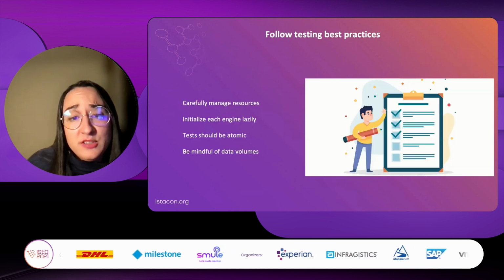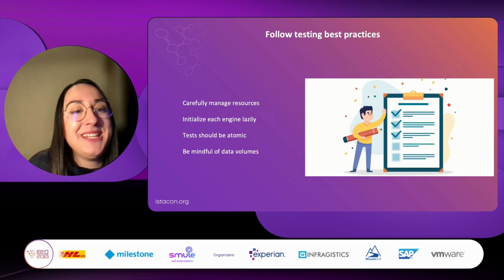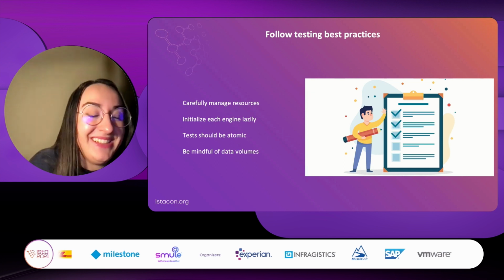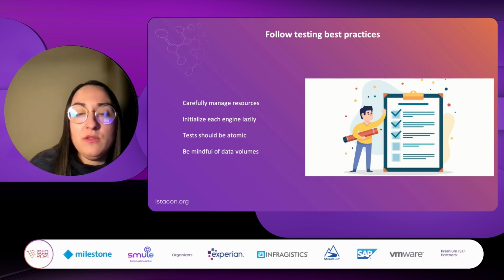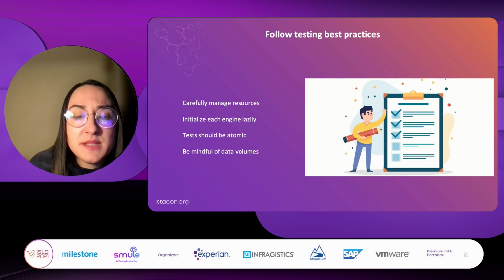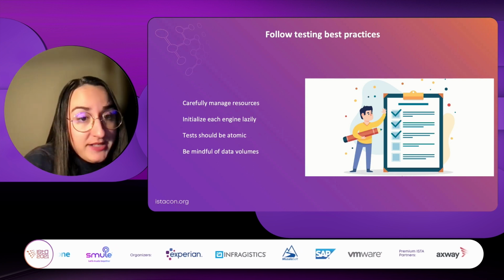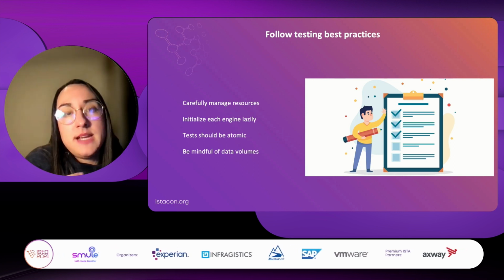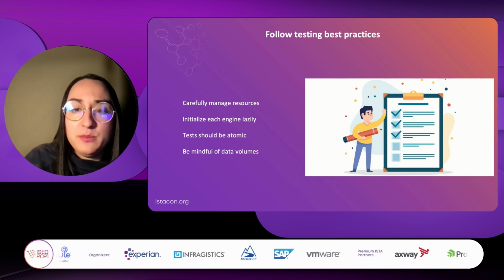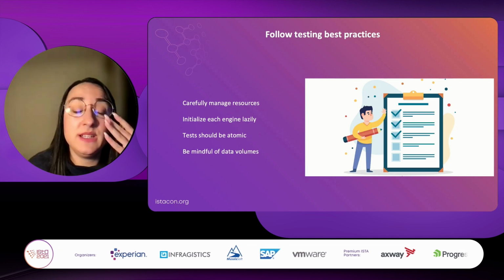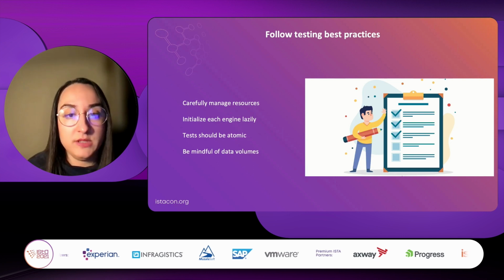So after having all of these bases provided by our framework, we needed to sit down and write our unit tests, right? To do this, we follow a few testing best practices. First of all, we are very careful when we are starting our engines, because especially the ones I mentioned earlier, which are started as a separate process, could be very heavy and could have long startup times because they require a lot of extra work.